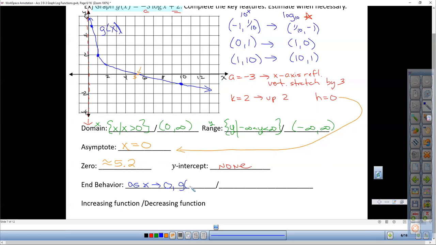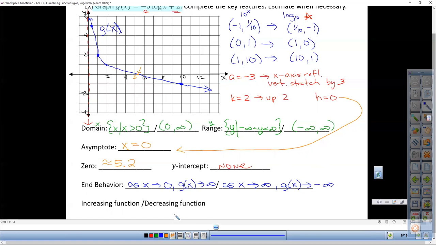And then our function g of x values, that's the arrow heading up for y, so that's heading to positive infinity. The right end, which is where x goes to positive infinity, it's still going to do that because it's not stopped by an asymptote on the right.